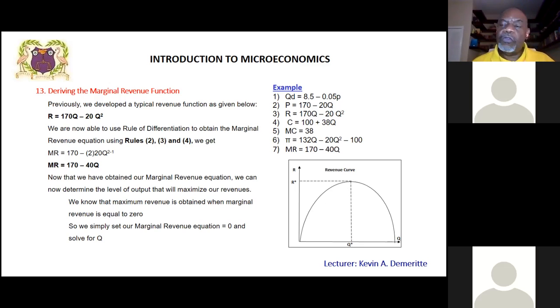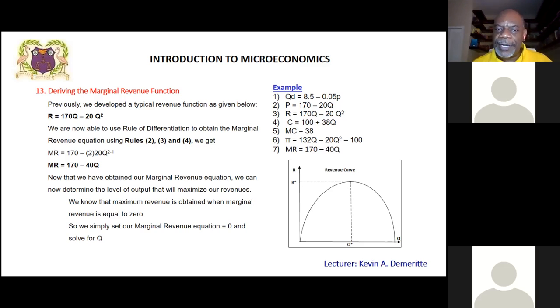Fine. Rule number 1 says if you have in your function a number sitting out there all by itself and connected to nothing, well, we don't have such a number, so we don't have to deal with that. So rule number 1 doesn't apply to our revenue function trying to find the marginal revenue or the slope of the revenue function, because we don't have any constant sitting out there all by itself.